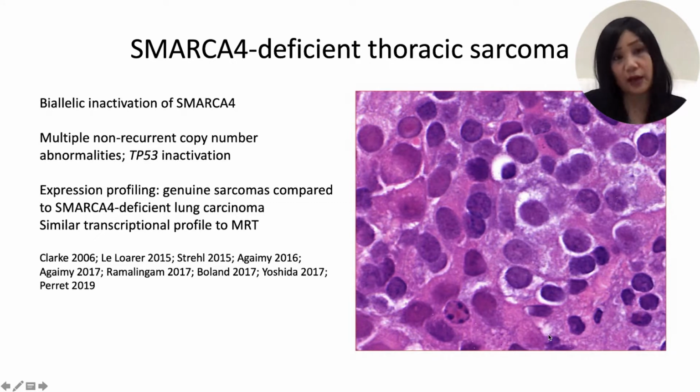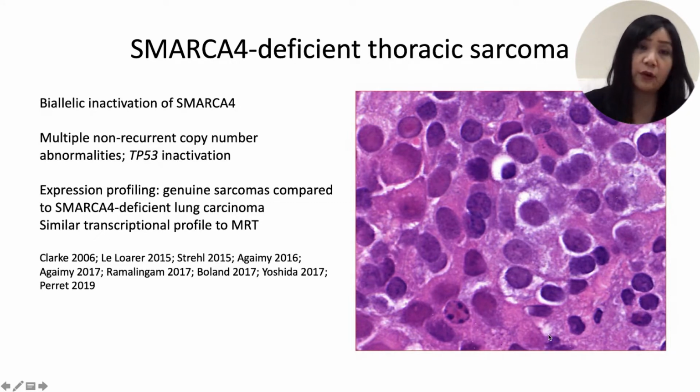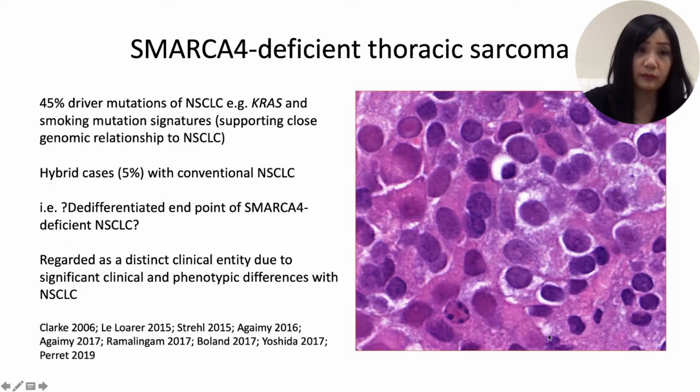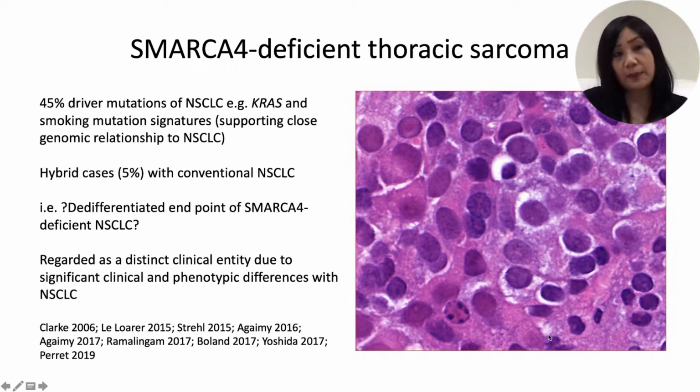So patients have typically biallelic inactivation at the SMARCA4 locus. There are multiple non-recurrent copy number abnormalities, including a frequent p53 inactivation. However, it is still unclear as to whether these tumours are related to non-small cell lung cancer.